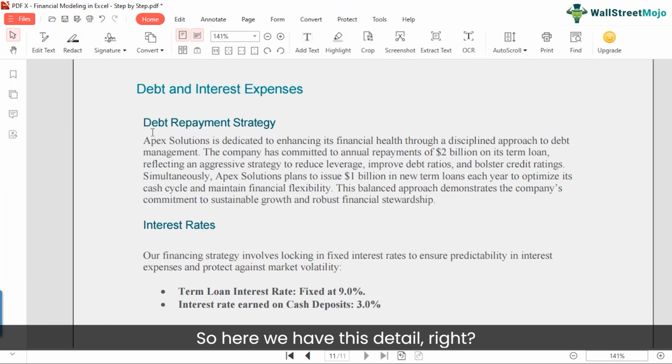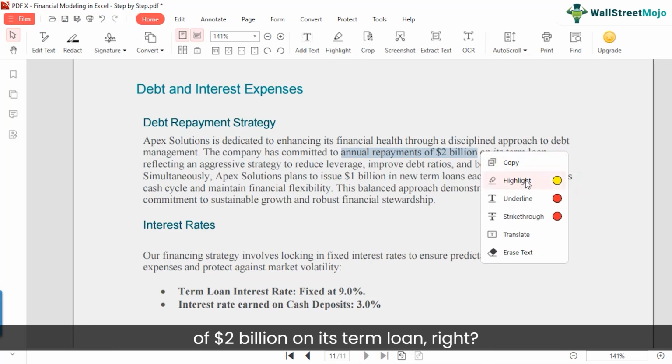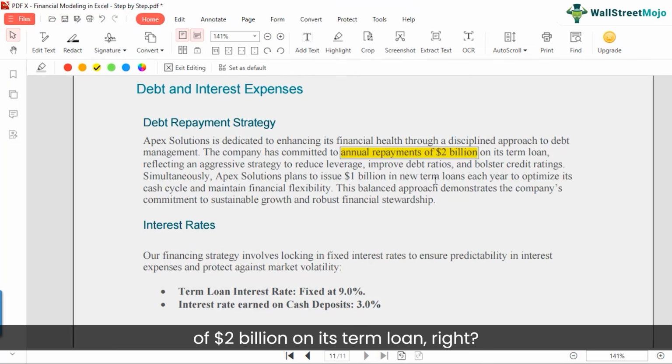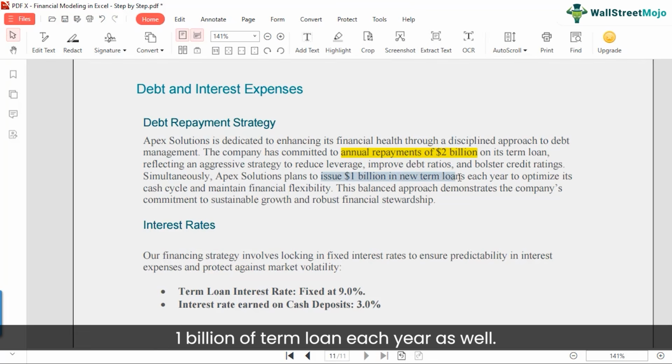So here we have this detail, right? Debt repayment strategy of Apex Solution. Apex Solution is dedicated to enhancing its financial health through a financially disciplined approach to debt management. So the company has committed to an annual repayment of $2 billion on its term loan, right? And when you read more, you'll realize that Apex Solution plans to issue 1 billion of term loan each year as well.